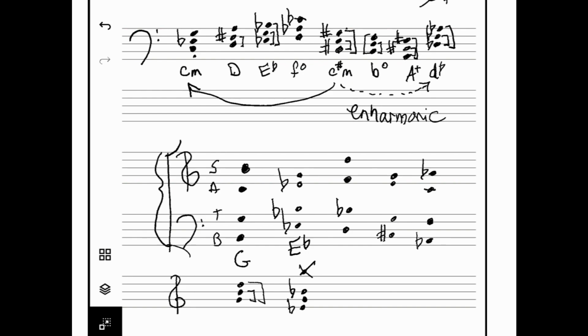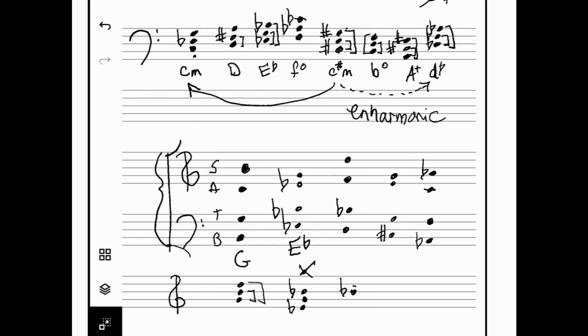Okay, the next one has a D, a B flat, and an F. Oh, that doesn't look like root position yet. I've got to jumble those around. How about like this? Nope, that's not root position. Okay, let's get rid of some of these here. Eraser, where are you when I need you?